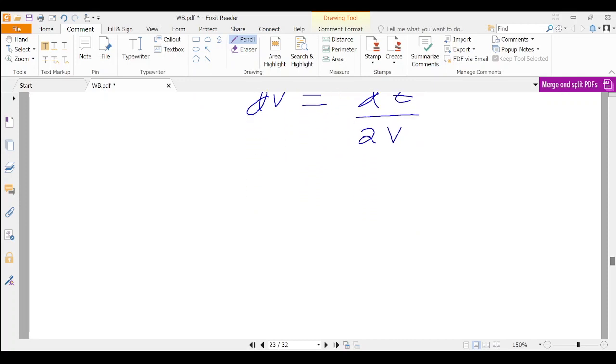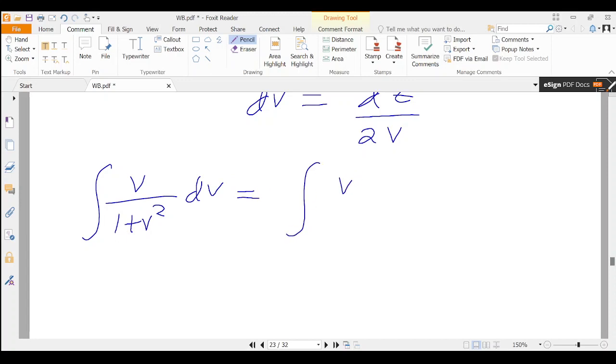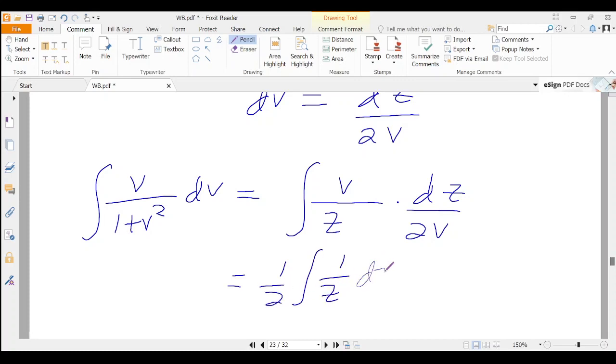So our function is the integral of v divided by 1 plus v squared dv, and therefore this becomes the integral of v divided by z, then dz divided by 2v. Notice that v will cancel out, and we get a half integral of 1 over z dz, which is a half logarithm of z plus a constant.